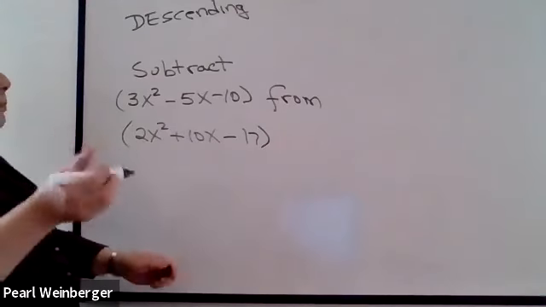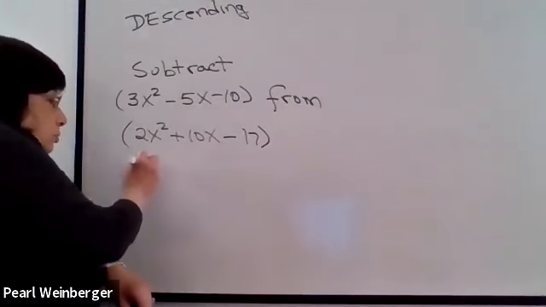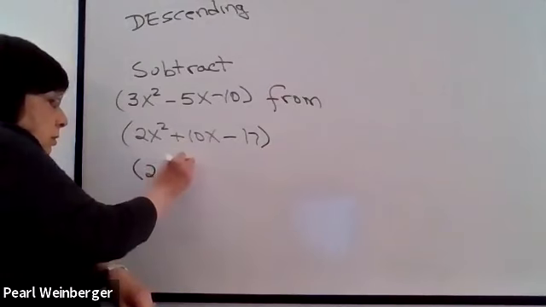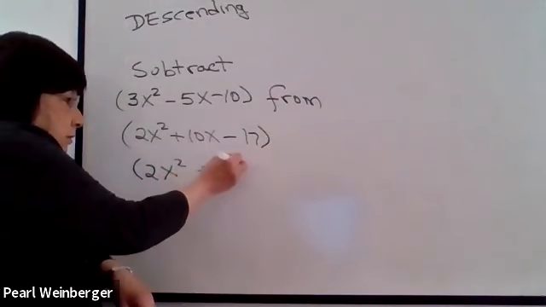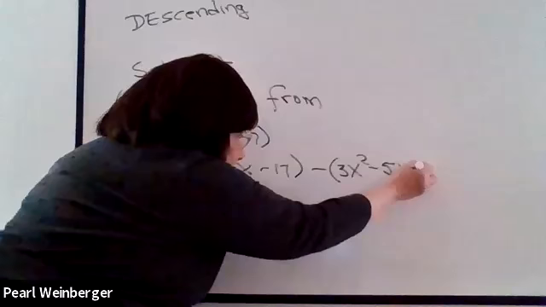I put 2x squared plus 10x minus 17, close parentheses, minus 3x squared minus 5x minus 10. So that would be perfect.